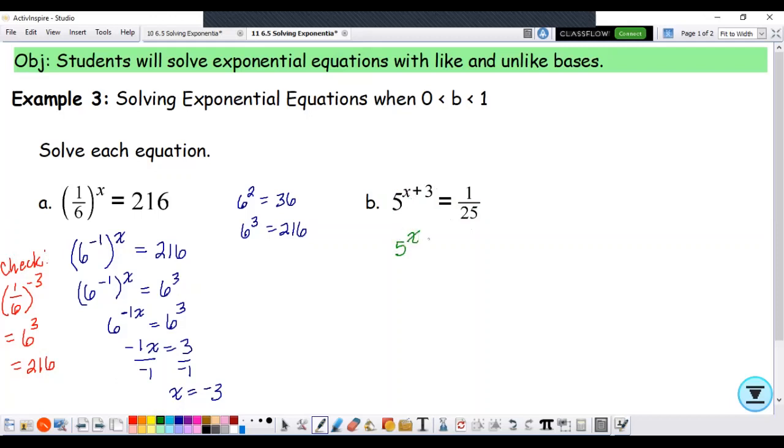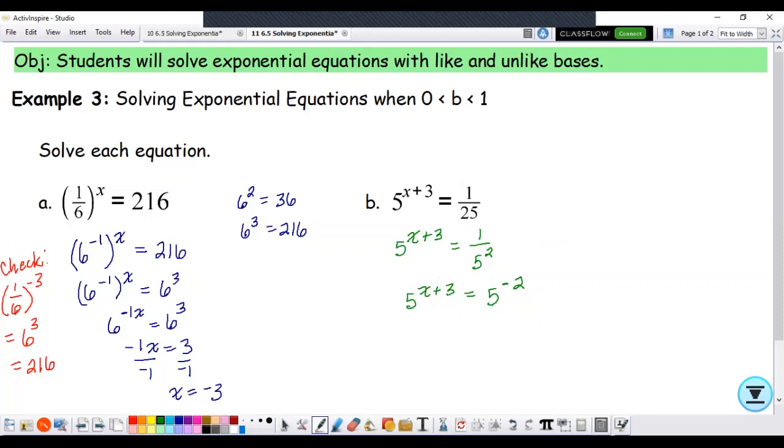So we could write this as 5 to the x plus 3 equals 1 over 5 squared. But we still don't have the same base because we still have this fraction. So we can rewrite that expression with a negative exponent as 5 to the negative 2 power.